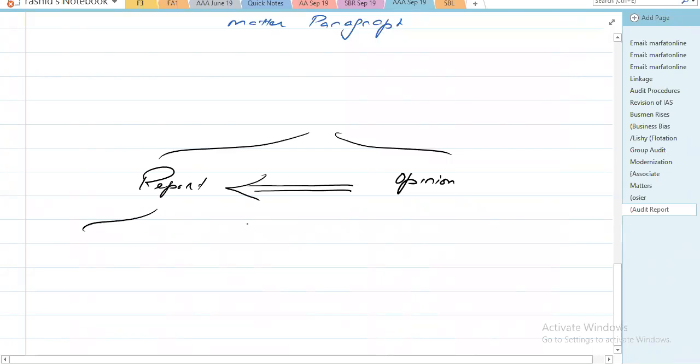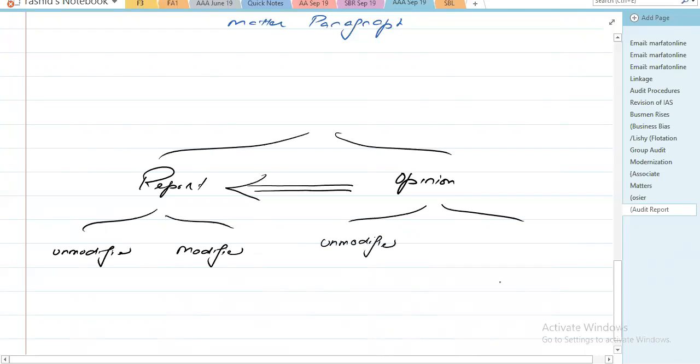So we are saying that there are two types of the report, and we have said this is unmodified report and modified report. Now, obviously, this makes a clear sense. And similarly, when you talk about the opinions, also there are two types, unmodified opinion, modified opinions.